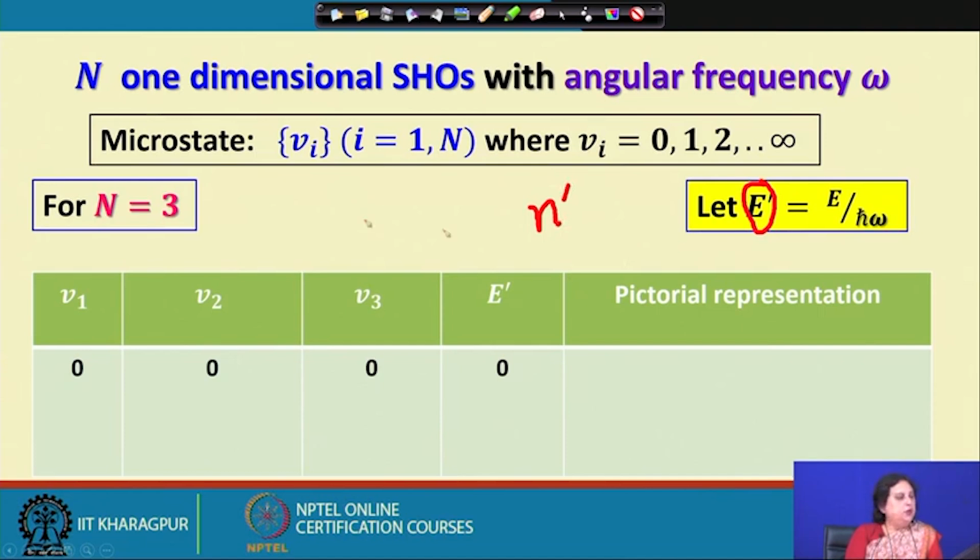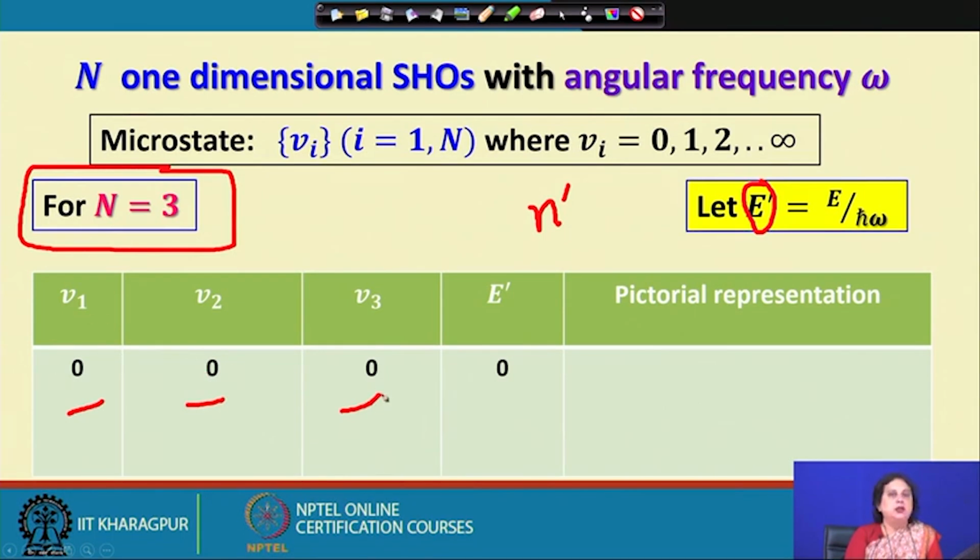Okay. Now, if I have a system where I have 3 one-dimensional simple harmonic oscillators, this is the lowest energy state that I can think of.